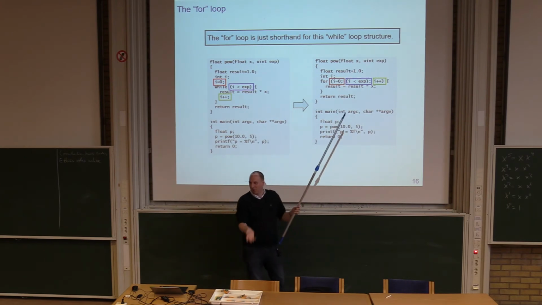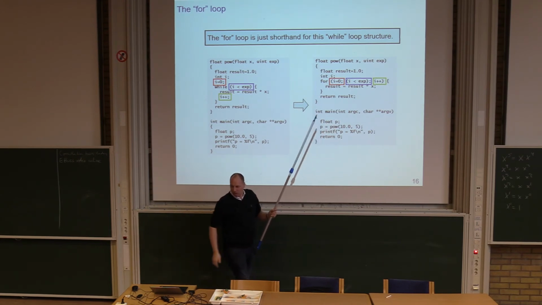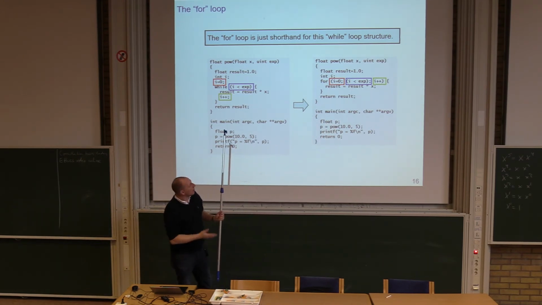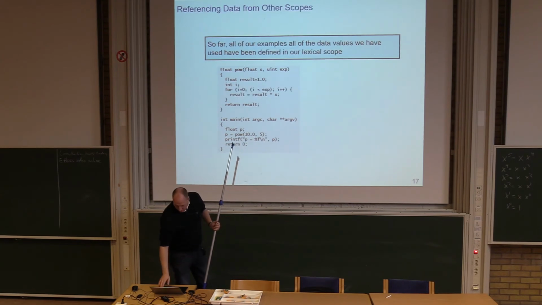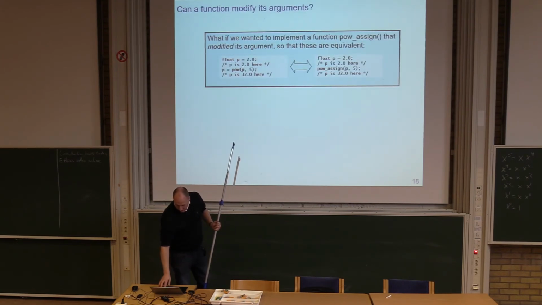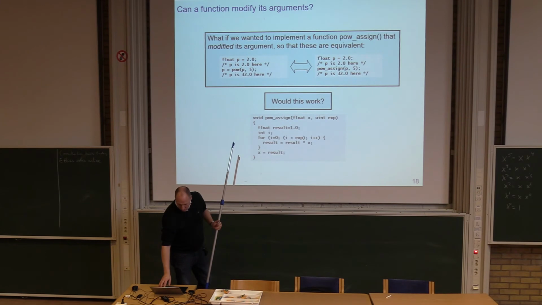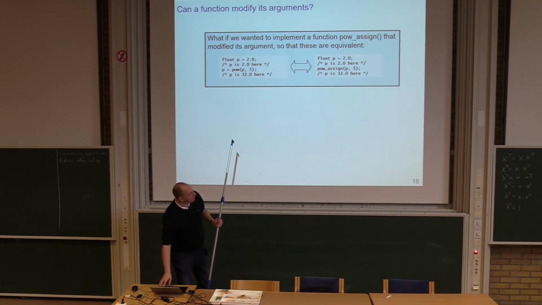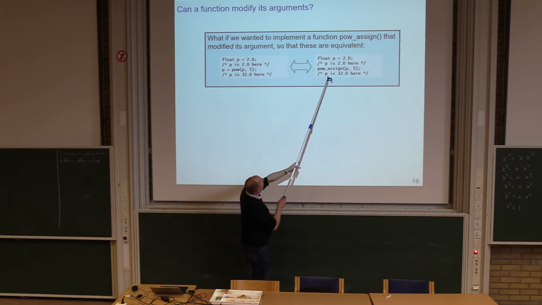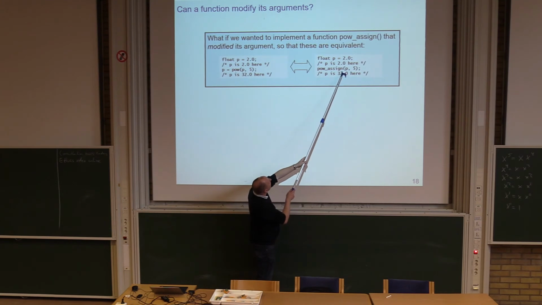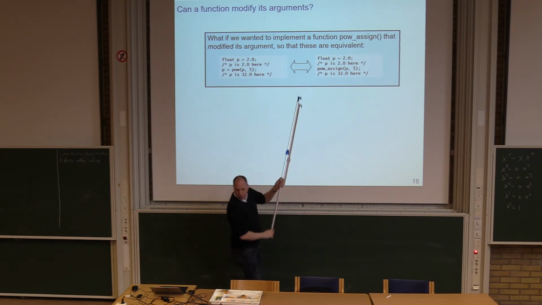And then when we return back, x will be removed from the stack and just the return result will be on top of the stack. So in this case, with the normal implementation of power, p will not be changed after here, right?